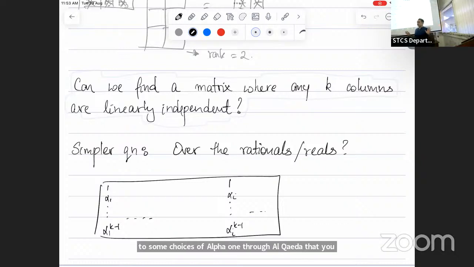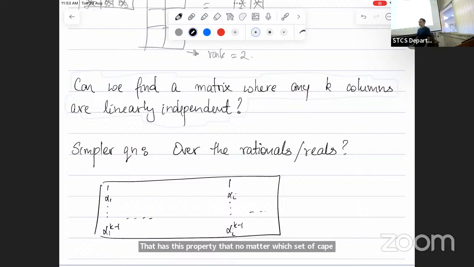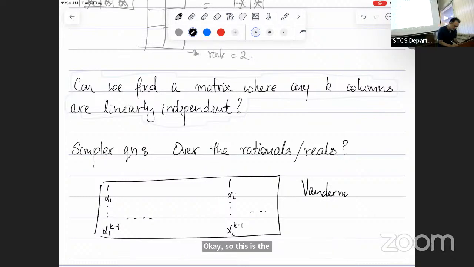And as long as these alphas are distinct, this matrix is going to be invertible. In fact, over reals or any infinite field, you can construct a matrix with infinitely many columns with the property that no matter which set of k columns you choose, they will turn out to be linearly independent. So this is the Vandermonde matrix.